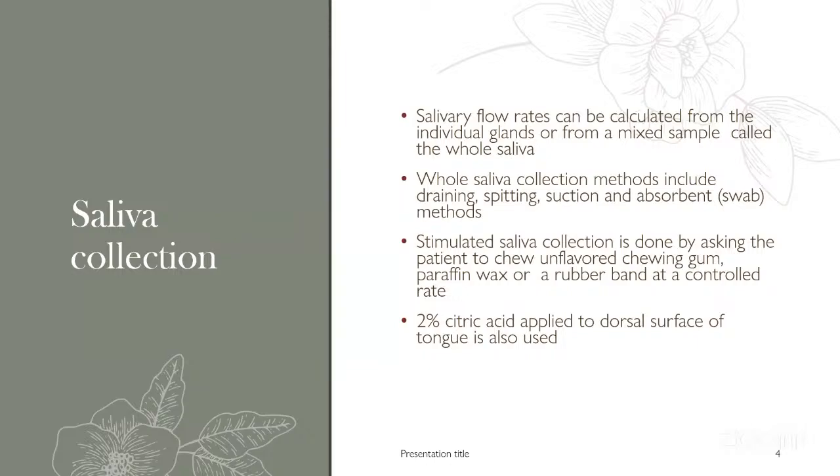The saliva collection is done by different methods like draining, spitting, suction, using absorbent sponge methods, etc. Stimulated saliva collection is by asking the patient to use chewing gum, or 2% citric acid can be applied to the dorsum of the tongue, and saliva can be collected. And this is called sialometry, where you assess the salivary flow rates.